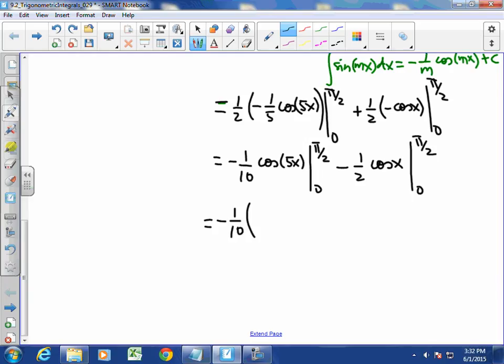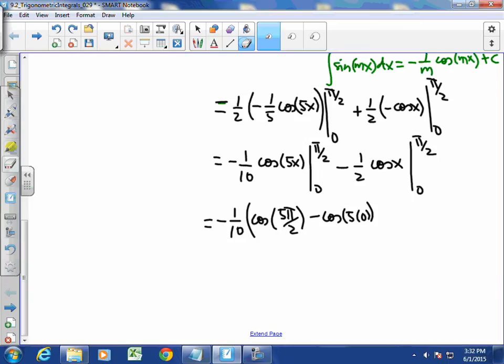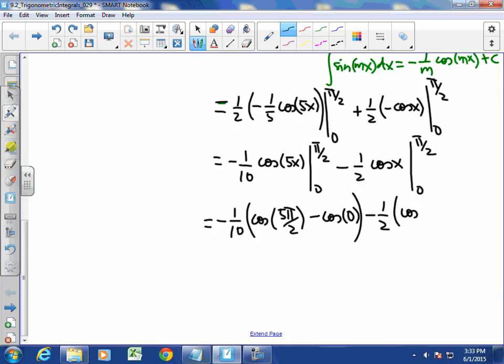Replace x with pi over 2, you get cosine of 5 pi over 2, then minus cosine of 5 times 0, which is cosine of 0. Then minus 1 over 2 times cosine of pi over 2 minus cosine of 0.